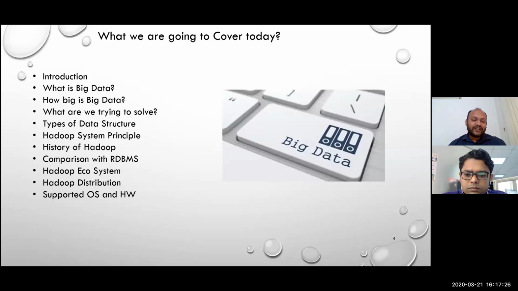And then we'd like to understand what types of data exist in the real world, and Hadoop system principles, the history of Hadoop, and what is the problem in our relational database management systems, like we used to use MySQL, MS SQL, and what are Hadoop ecosystems and the distribution that we'd like to use, and what are the supported OS and hardware.